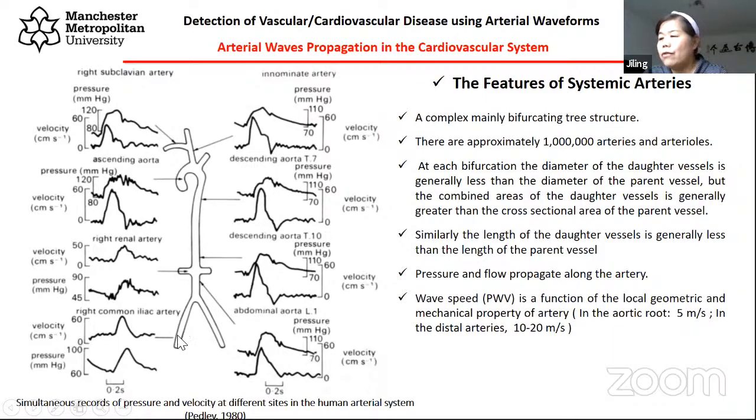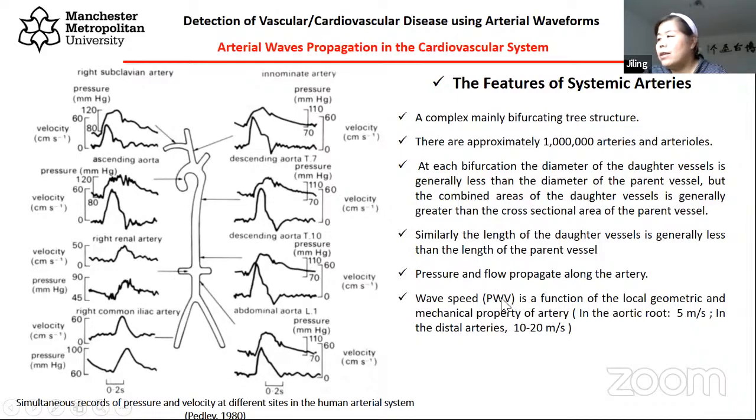Similarly, the length of the daughter vessel is generally less than the length of the parent vessel. Also, the geometry and the mechanical properties at different sites are quite different. For example, the aorta is quite distensible and more elastic, and the peripheral artery is stiffer.